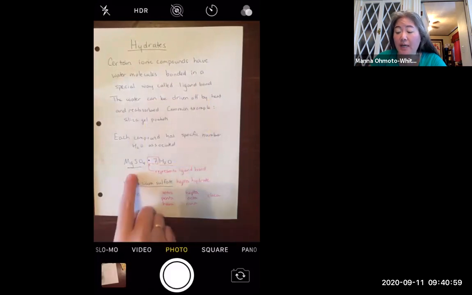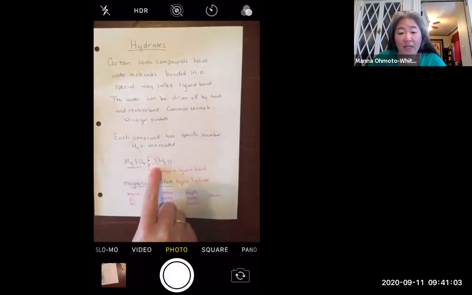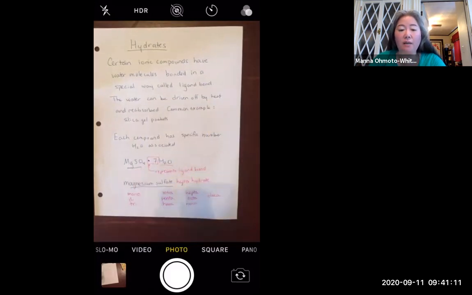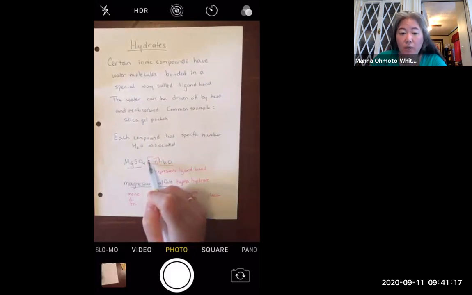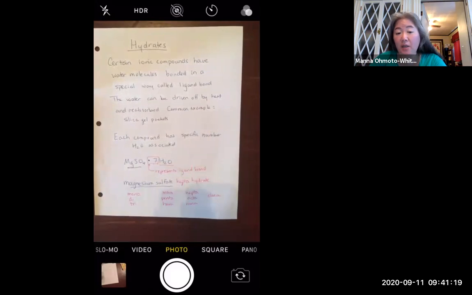For example, magnesium sulfate can form a hydrated compound, meaning it has water attached to it, and when it does, exactly seven water molecules attach for every magnesium sulfate unit. This big dot in between represents the ligand bond, and the number after that tells you how many waters are associated with that ionic compound.